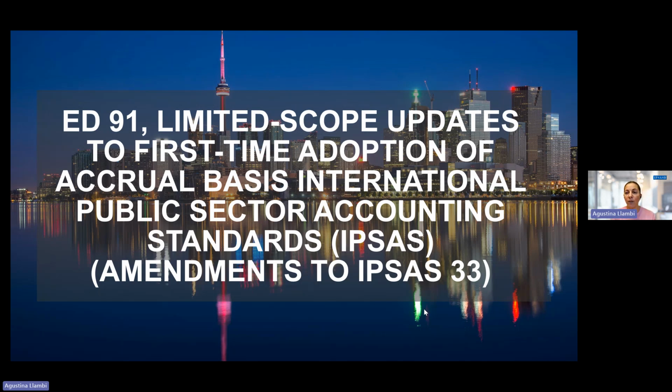To clarify, let's say the entity has a building and needs to recognize it, measure it, and provide disclosures. You wouldn't apply IPSAS 33; you would apply IPSAS 45 for property, plant, and equipment.